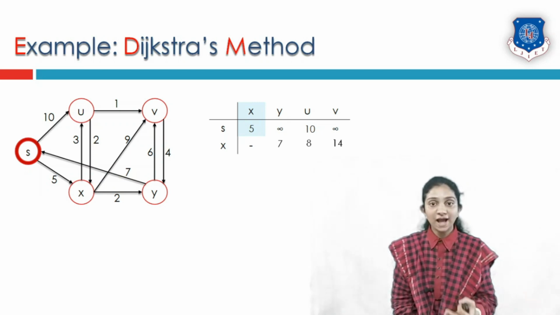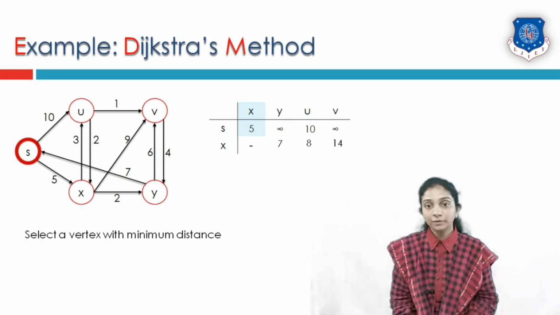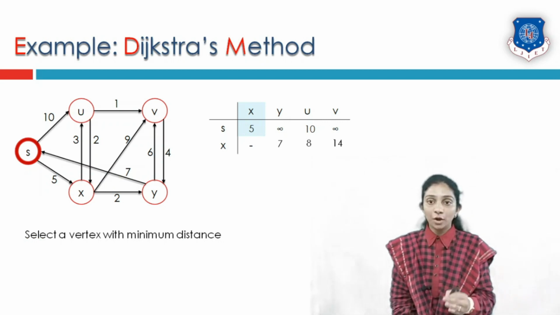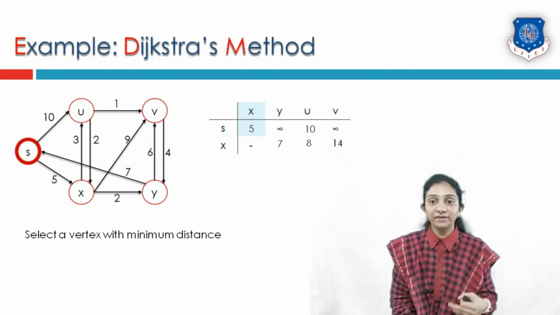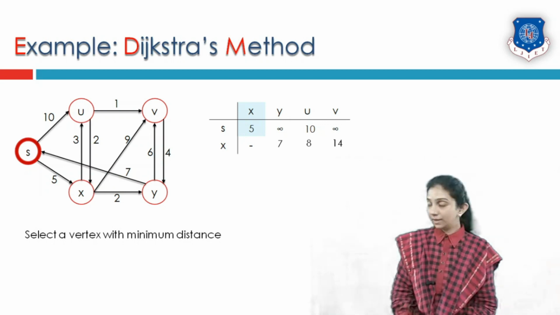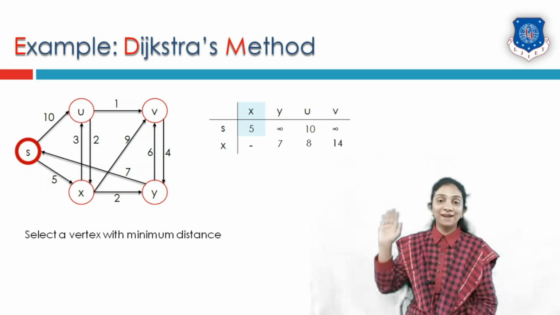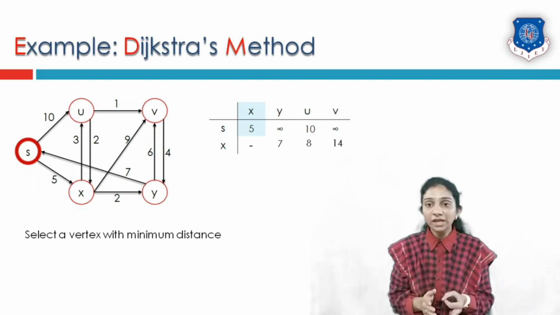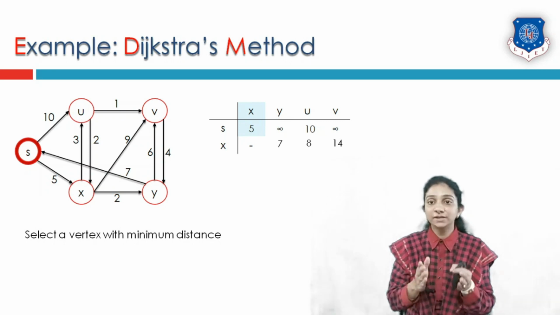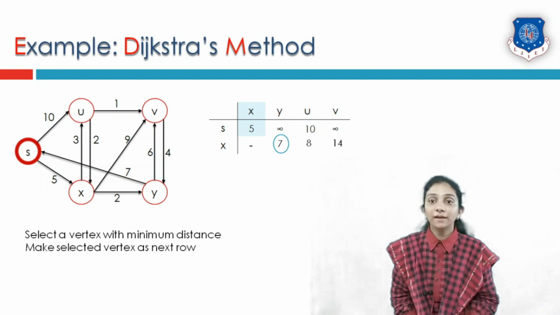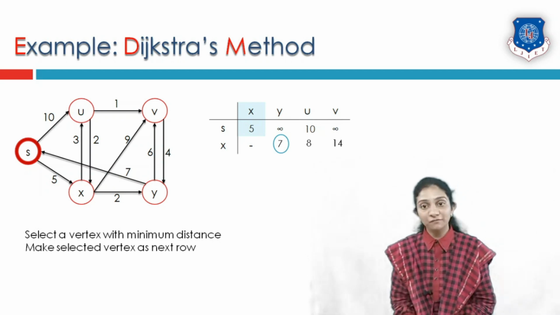Now again we have to select another row. To select another row, we will select the column or vertex which has the minimum distance. Out of the row which has 7, 8 and 14 weights, we will only select the minimum weight vertex. That is, we will select Y, as 7 is the minimum value.